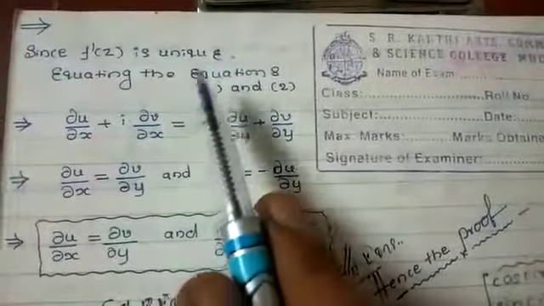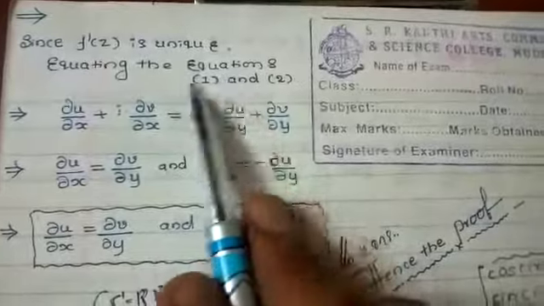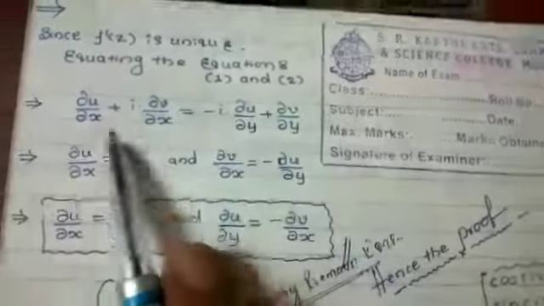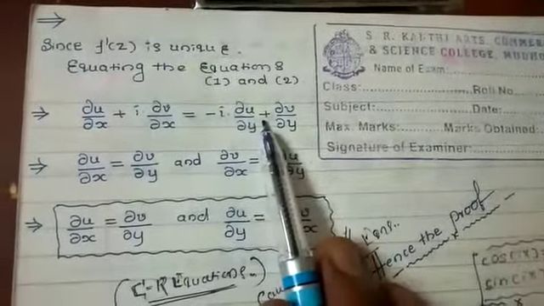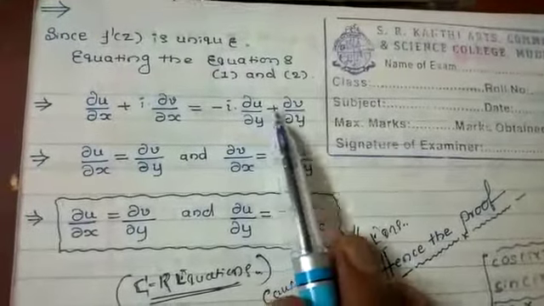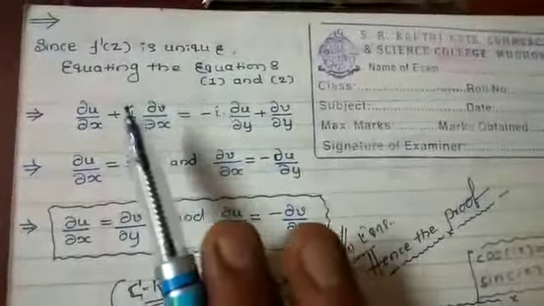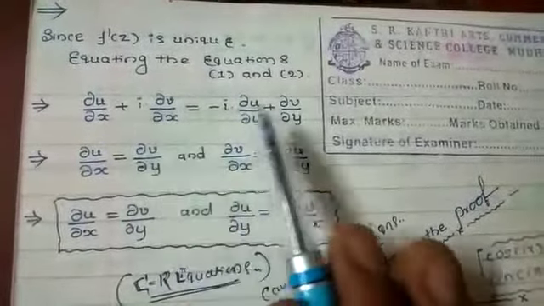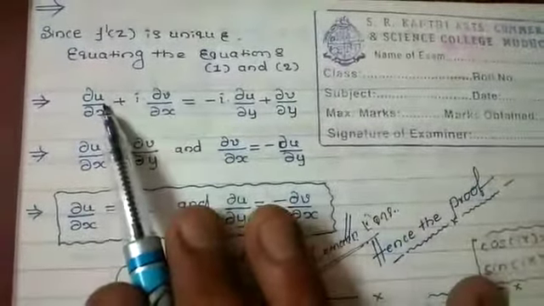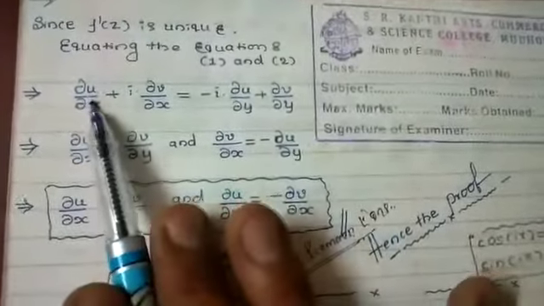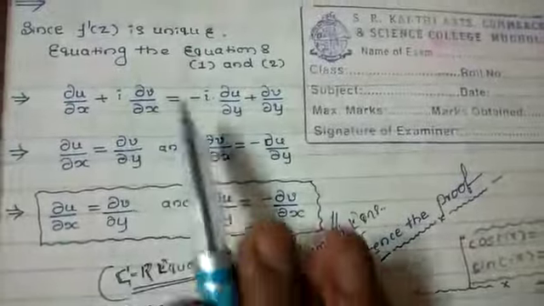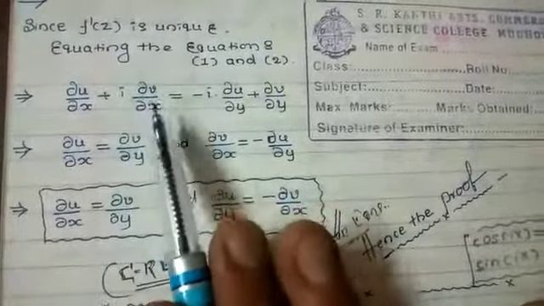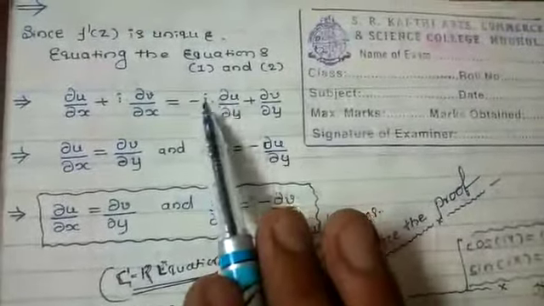Since f dash of z is unique, we equate equations 1 and 2, because on the LHS both are equal to f dash of z. So we equate the RHS parts, comparing the real and imaginary parts: dou u by dou x equals dou v by dou y, and the imaginary part dou v by dou x equals minus dou u by dou y.